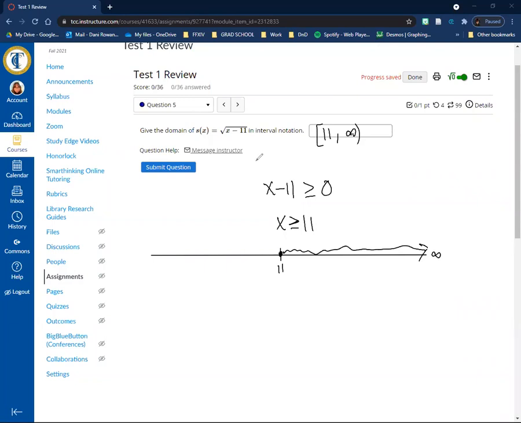So the key to this one, and I'll actually put it in a different color, is that the square root cannot be negative. So whatever's underneath the square root has to be greater than or equal to 0. So you set what's underneath the square root greater than or equal to 0 and solve.